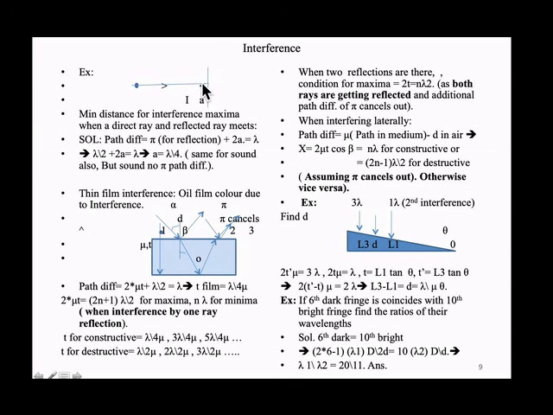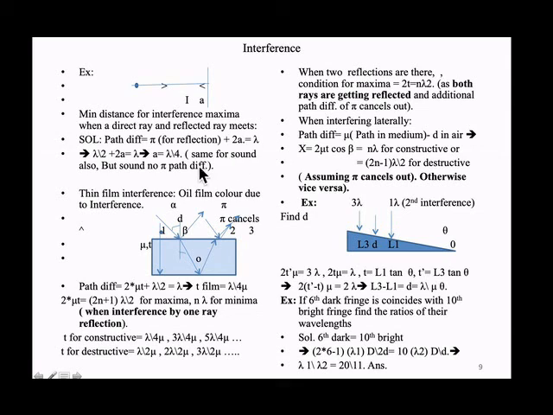So 2A plus pi is equal to lambda, then I have a constructive interference. Pi means lambda by 2: if the phase difference is pi, the path is lambda by 2. So when I equate it to lambda, my A comes to lambda by 4. So the minimum distance required is lambda by 4 for them to interfere.